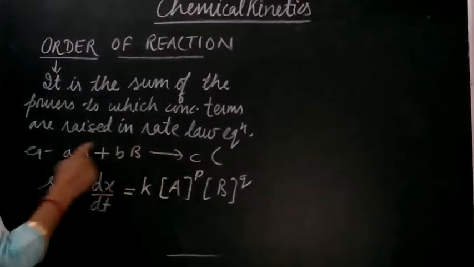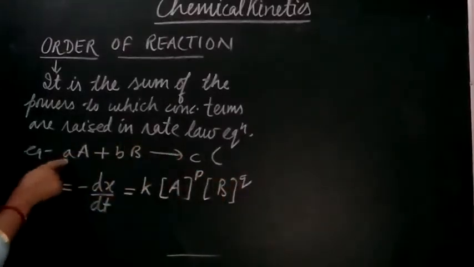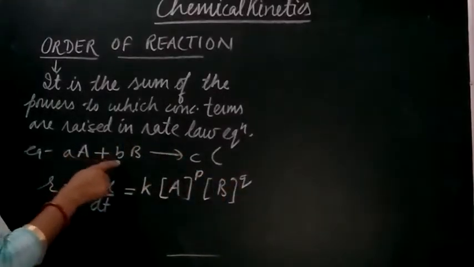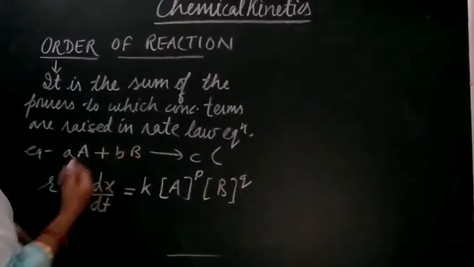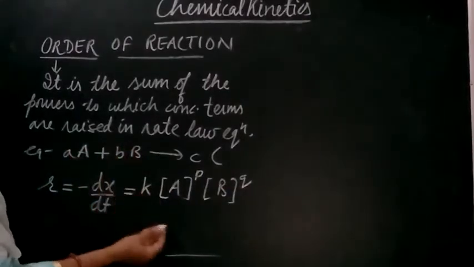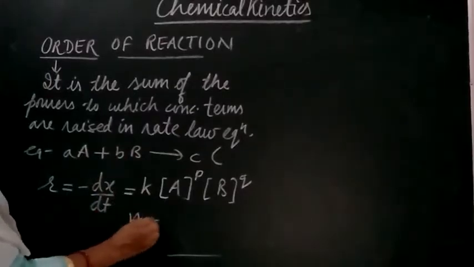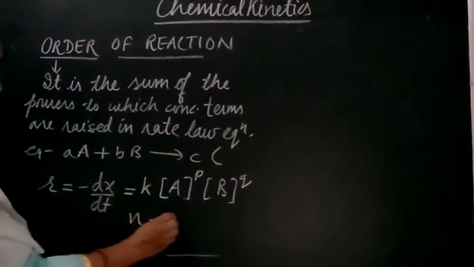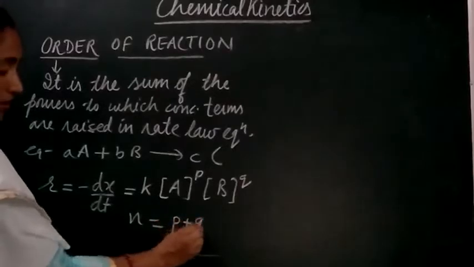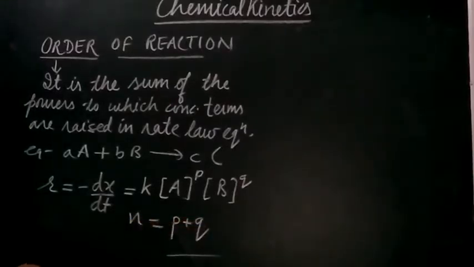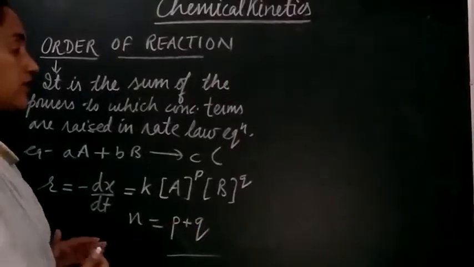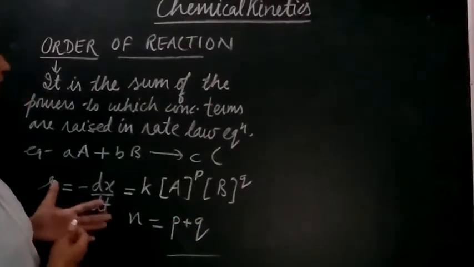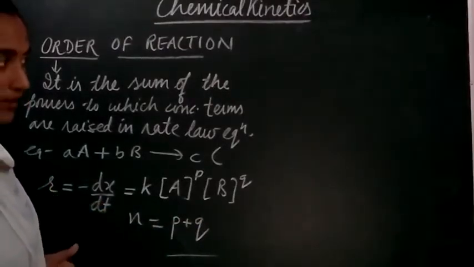Now this p and q are not always going to relate with a and b, right? They may or may not be equal to a and b. So what is going to be the order of the reaction? It will be n equals p plus q. So it will give us the order of the reaction, or we can say it will give us the concentration terms on which the rate of the reaction is going to depend, right?